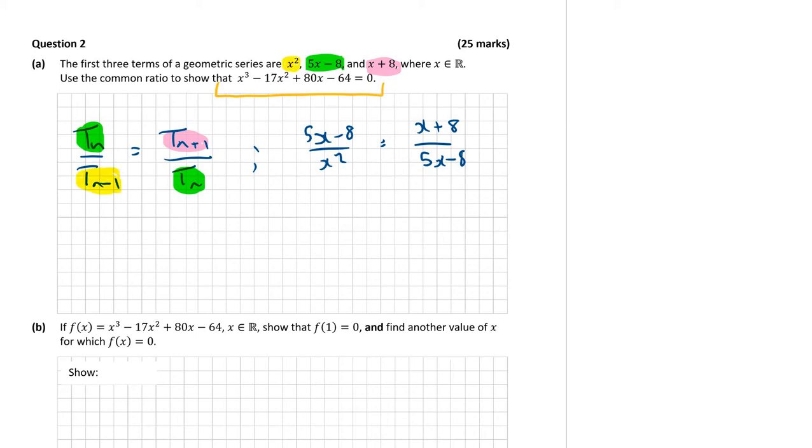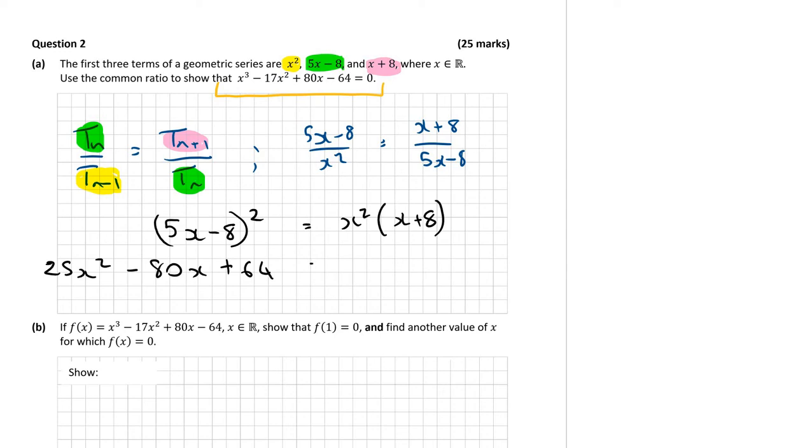So we'll just cross multiply. We're left with 5x minus 8 by 5x minus 8. So that's 5x minus 8 squared is equal to x squared times x plus 8. When we expand that out, we've got 25x squared minus 80x plus 64 is equal to x cubed plus 8x squared.